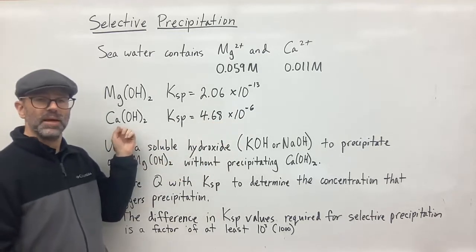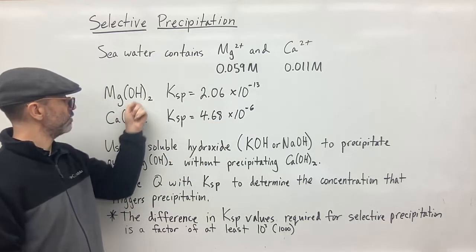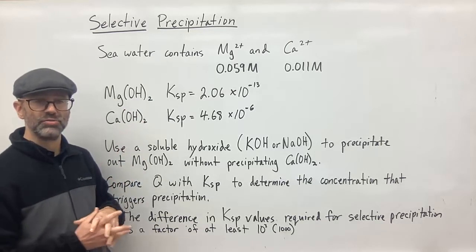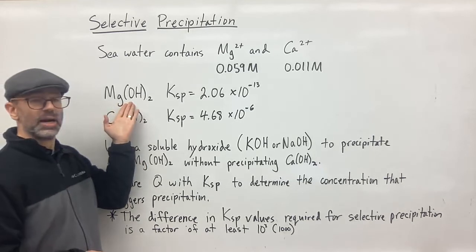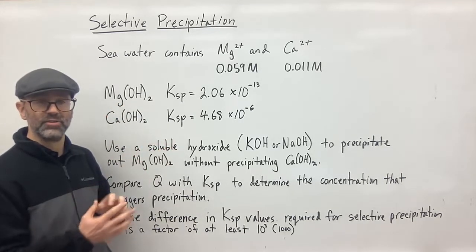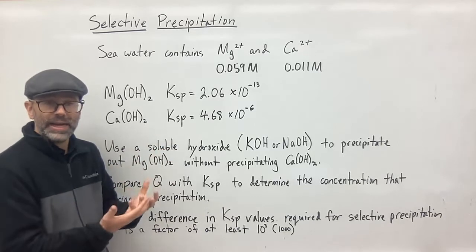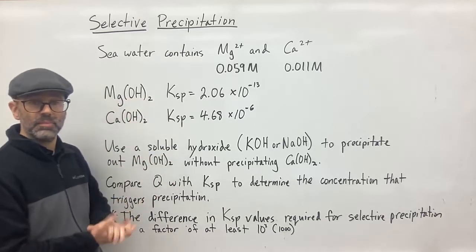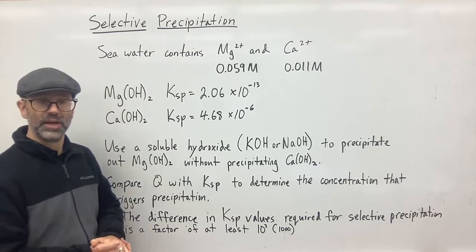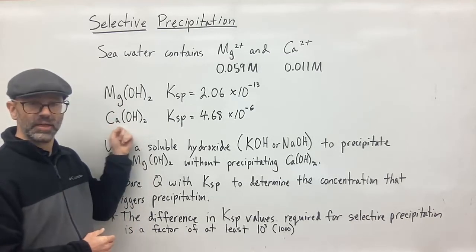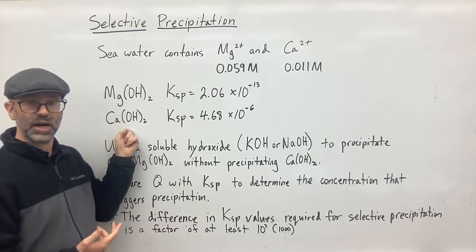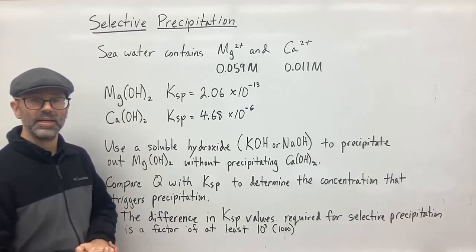So remember, because these two have the same stoichiometry as far as dissolution goes, magnesium hydroxide, when it dissolves, will give you magnesium and two hydroxides. So that's three ions from one formula unit of your magnesium hydroxide. And calcium is the same thing, right? You dissolve this, calcium will give you two hydroxides and one calcium ion.